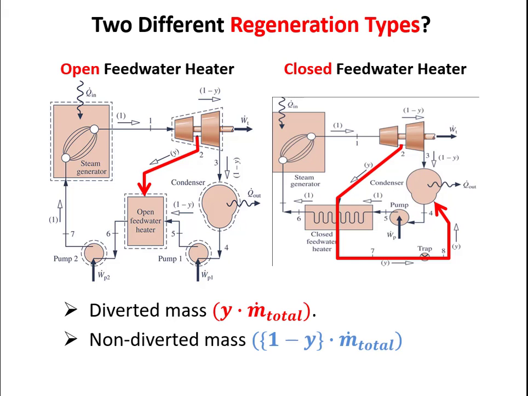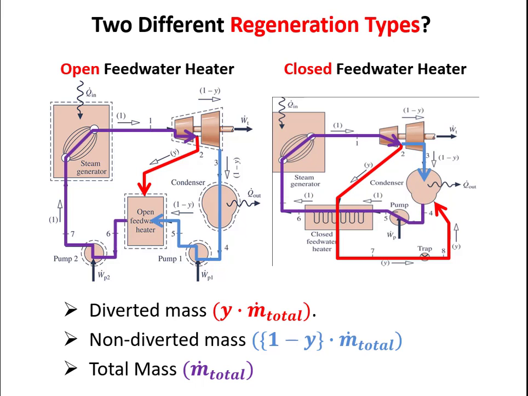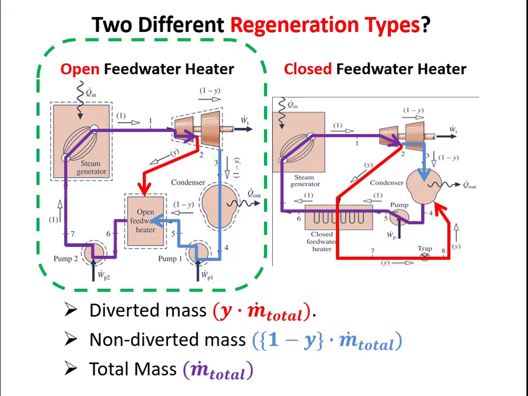We have the non-diverted mass flow that's on our blue line. And then these two flows come back together in different places. For the open feedwater heater, it comes together in the feedwater heater. But for the closed feedwater heater, the mass flow rates come back together inside the condenser. And then after they come together, there's some leg of our cycle that has the total mass flow rate that goes through it. So first, I want to talk about an open feedwater heater.